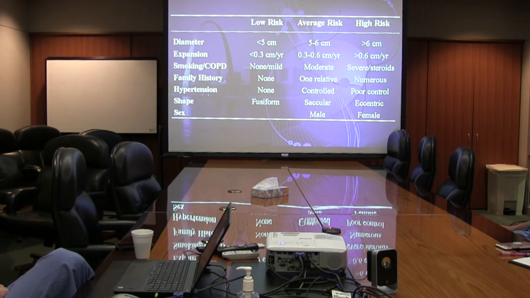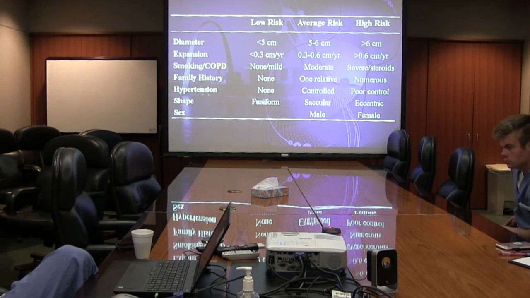So, just focusing on the top line, we pick 5.5 as the size that we should intervene on, meaning get surgery or a stent. The reason is your risk of rupture below that is less than the risk of the procedure. Above that, your risk of rupture is higher than the risk of the procedure, right? So at 5.5 centimeters, your risk of rupture starts to grow pretty quickly, and it's significant.